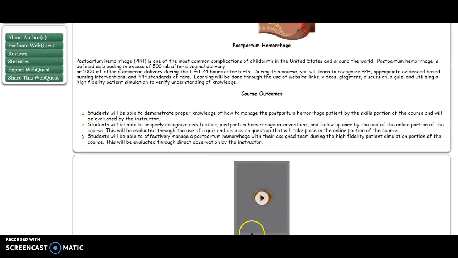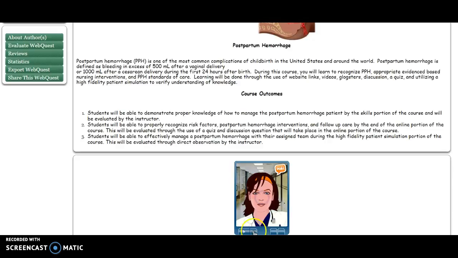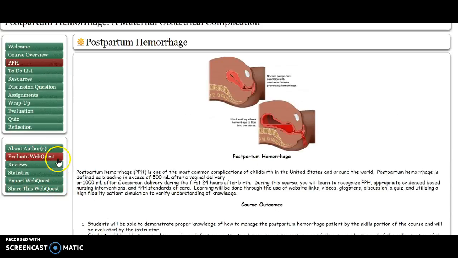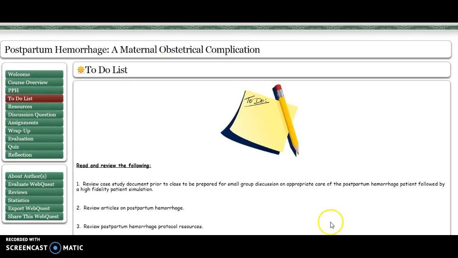You have your Voki. Connection works very well. And then we go over to the to-do list where you provide them with a case study to be done prior to class so that they can meet with small discussion groups and discuss the appropriate care of a postpartum hemorrhage patient prior to the high-fidelity simulation.